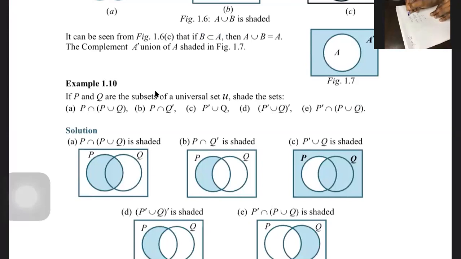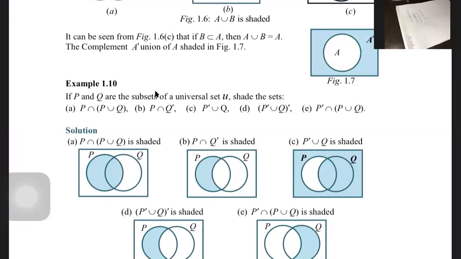I pick 3 out. I pick 5 out. Now, what is left in the universal set? 1, 4, and 6. So A complement is equal to 1, 4, 6. This is A complement.